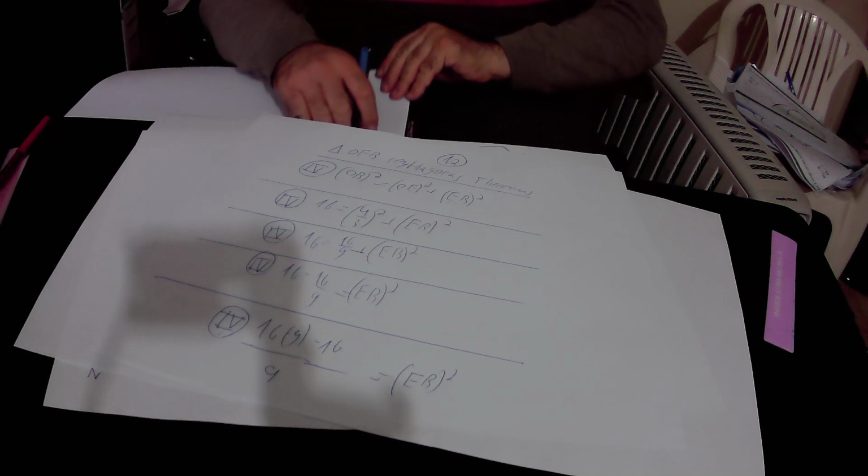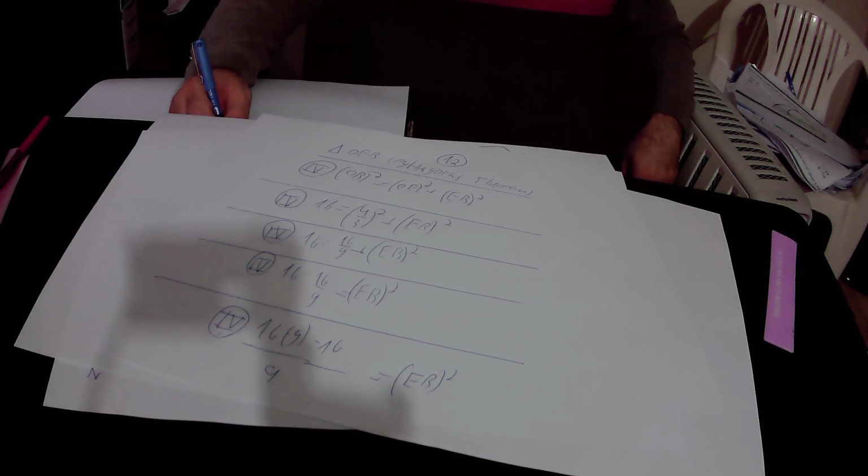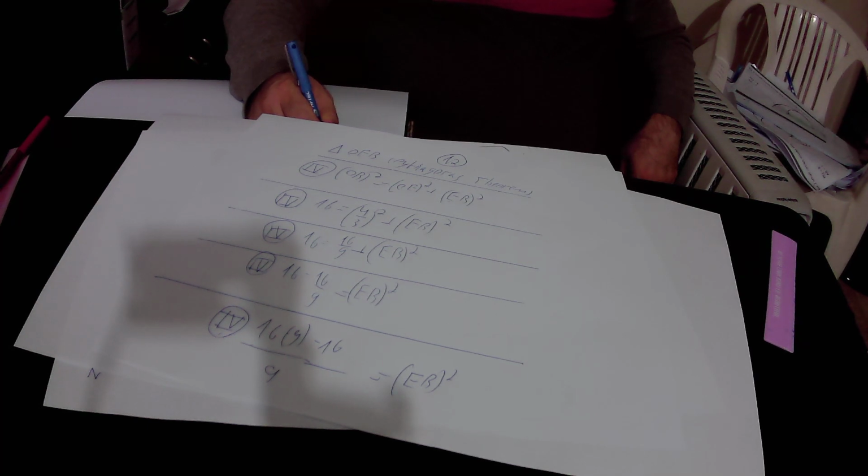So I write it down: 16 times 8 over 9 equals EB square.